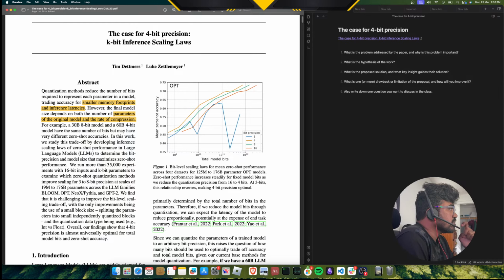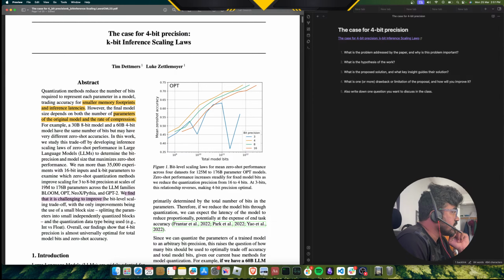We run more than 35,000 experiments with 16-bit inputs and k-bit parameters to examine which zero-shot quantization methods improve scaling for 3 to 8-bit precision at the scales of 19 million to 176 billion parameters across the LLM families Bloom, OPT, NeoX, and GPT-2.